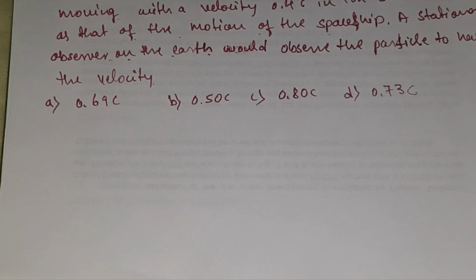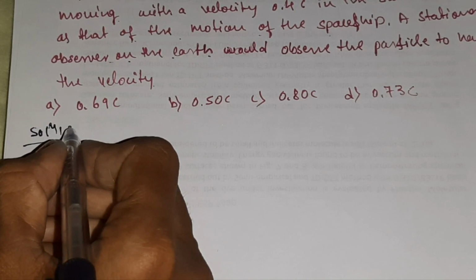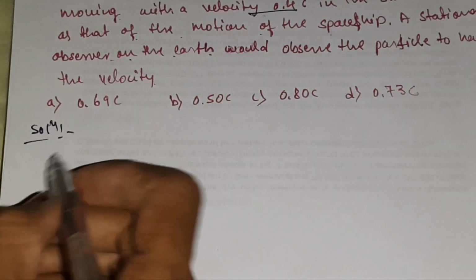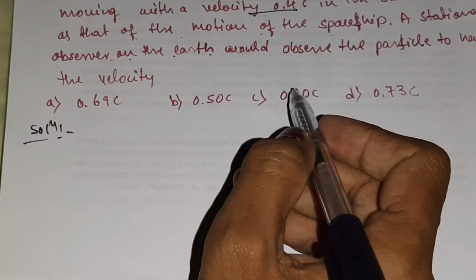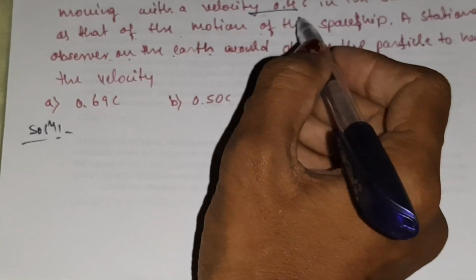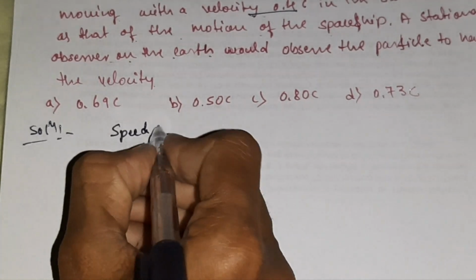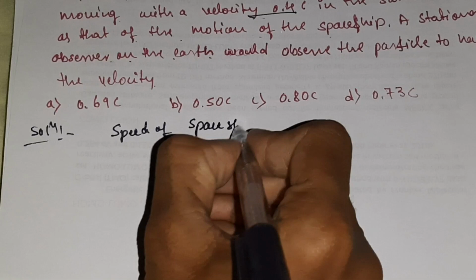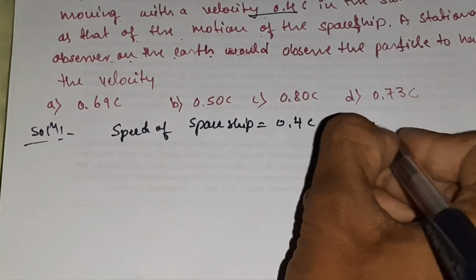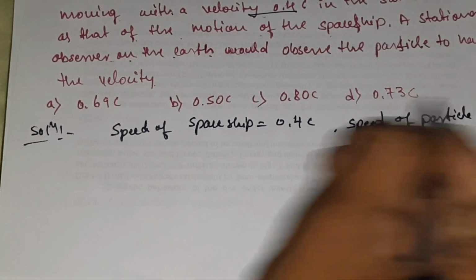So let us solve this question. Here, as you can see in this question, they have given the speed of the spaceship, that is 0.4 c, and the speed of the particle is also 0.4 c.